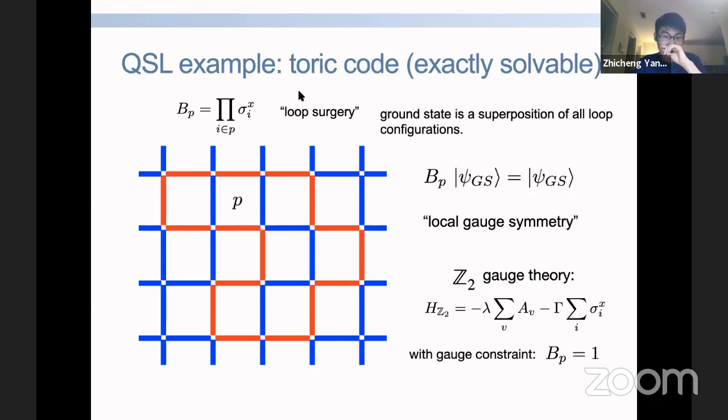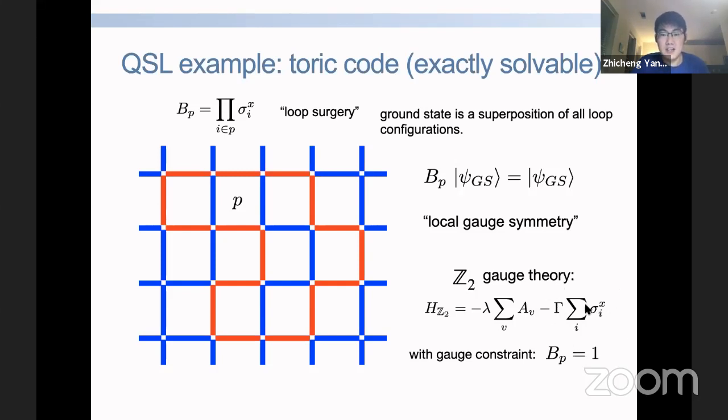I'm writing in terms of the Toric Code model, but the Z2 gauge theory is related and not that different. The Hamiltonian for the Z2 gauge theory is that instead of having both the A and the B operators, you only have the A operator, and then you have a transverse field along the X direction.